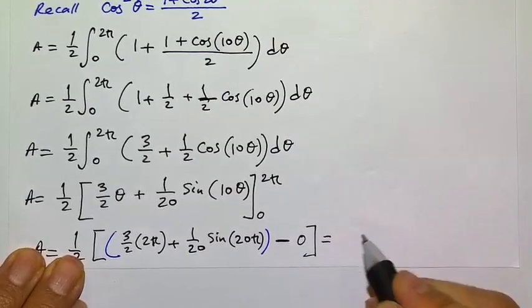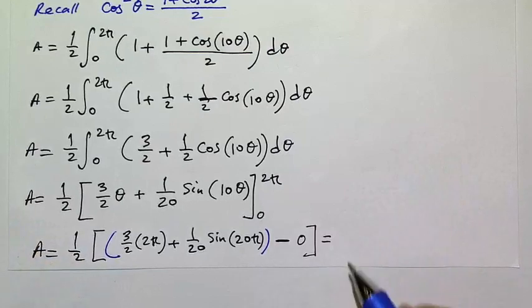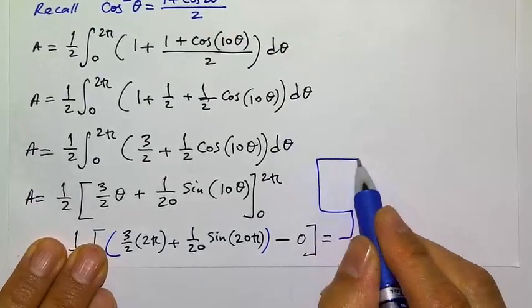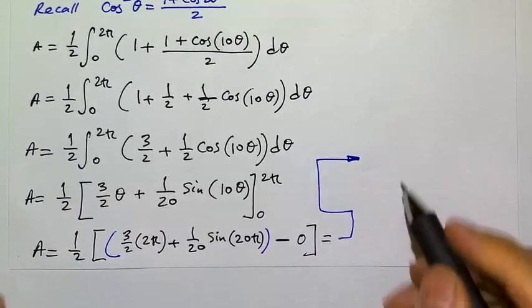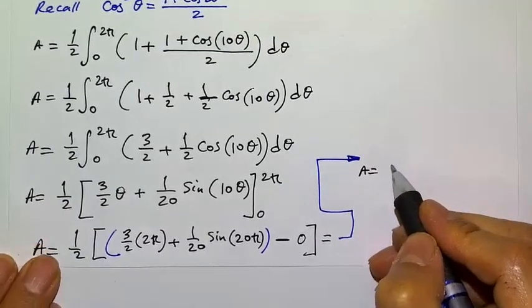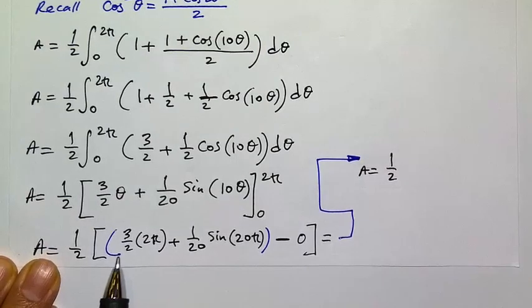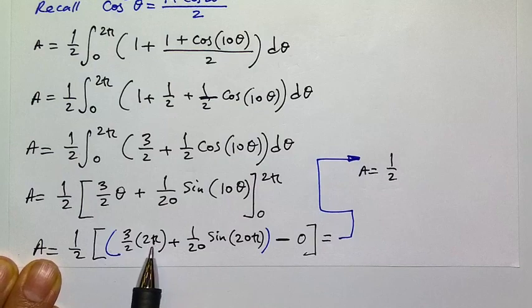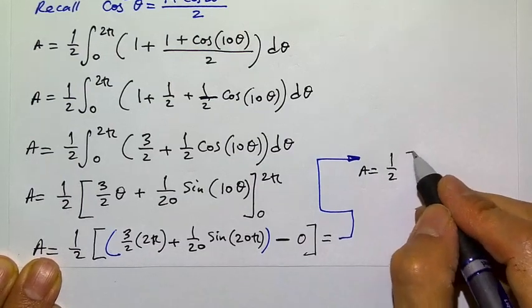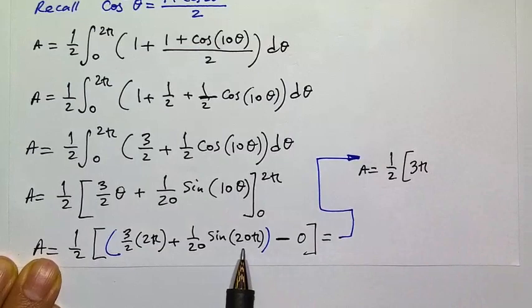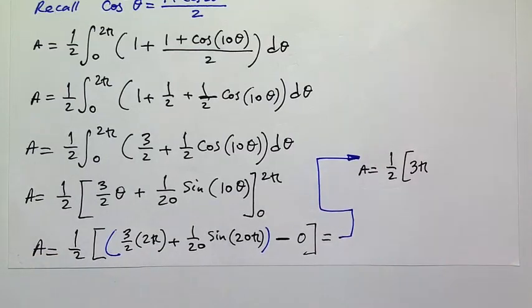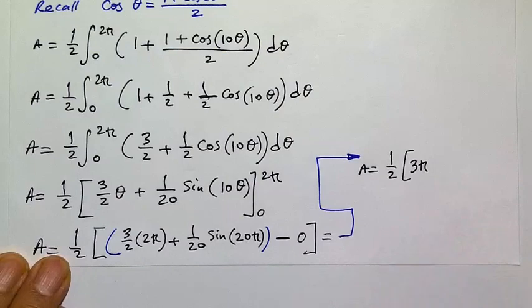Okay, let me just move up here a little bit. I need just a little bit of space here. So we have area equals 1/2 times 2 pi times this. The 2's cancel out. We end up with 3 pi. And then this is just 0. 20 pi is just going around and around the figure, tracing that path 10 times, right?